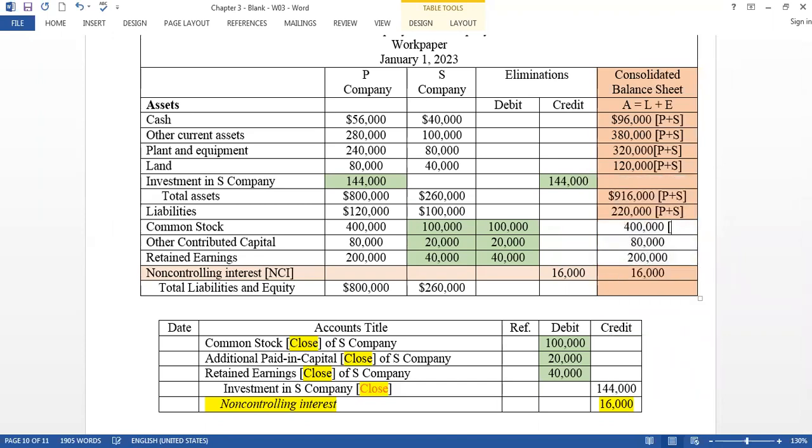So this is for P, and we established NCI.